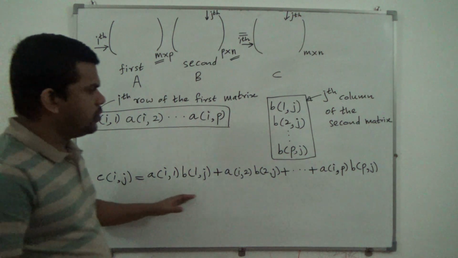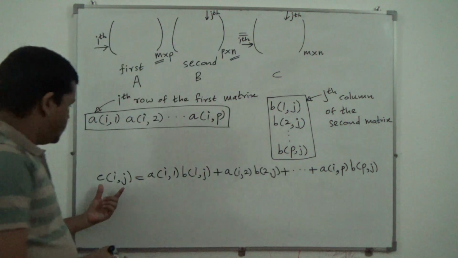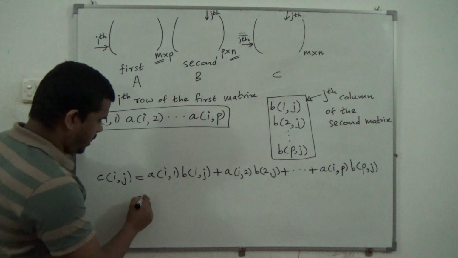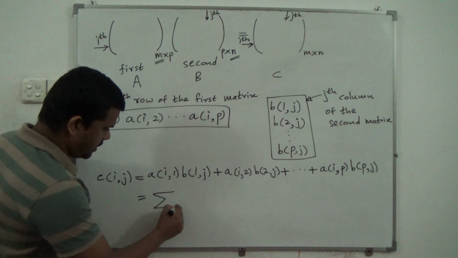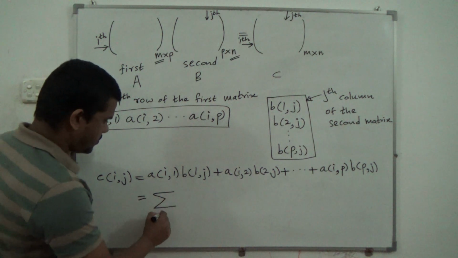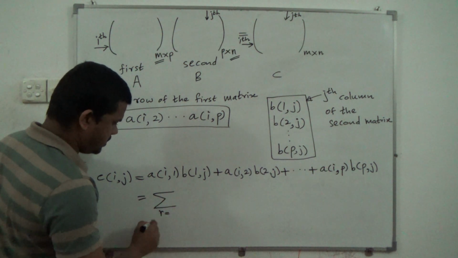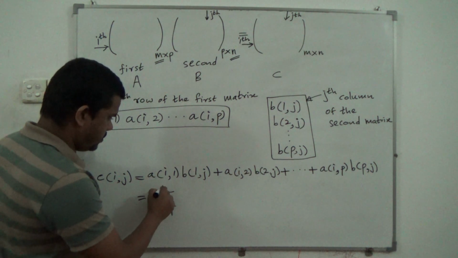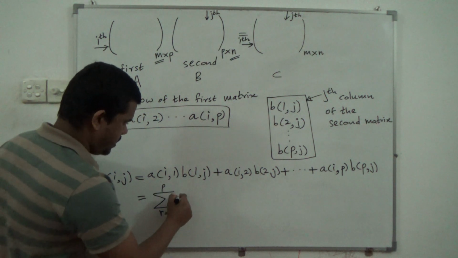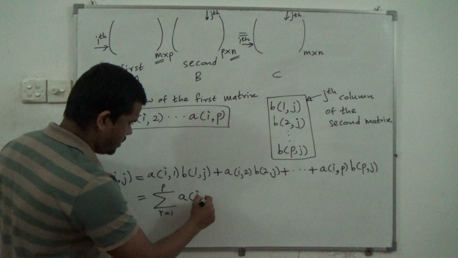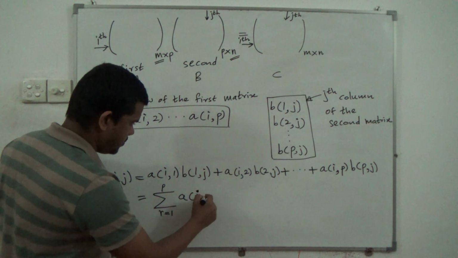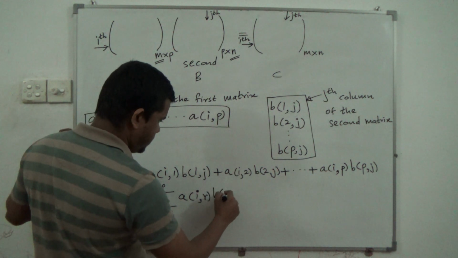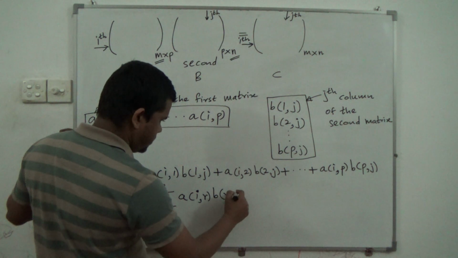So this is how we can compute the C i,j element. If we use sigma notation, we can write it like this: sum, r goes from 1 to p, A i,r into B r,j.